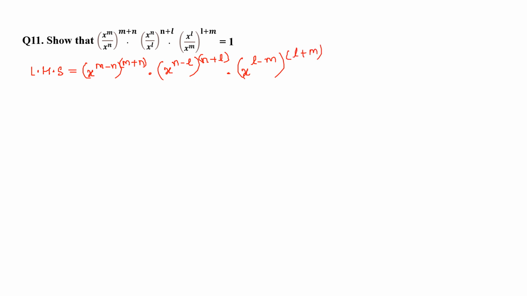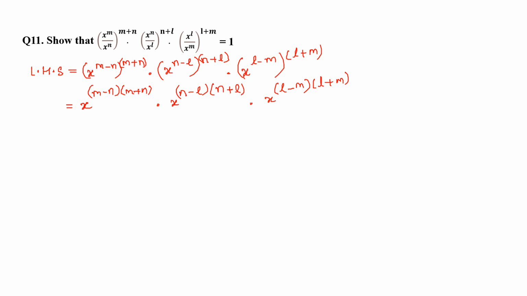Now you have to use the power law. So power to the power, you have to multiply the powers, right? So it will become x to the power m minus n into m plus n. The other one will be x to the power n minus l into n plus l, and again it is multiplied with l minus m into l plus m.